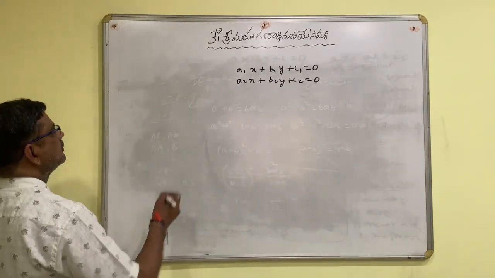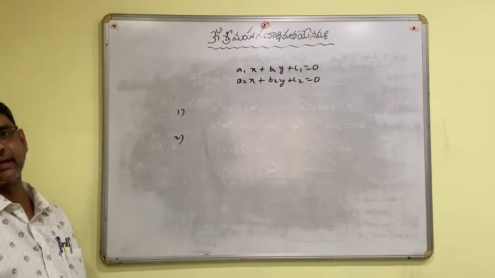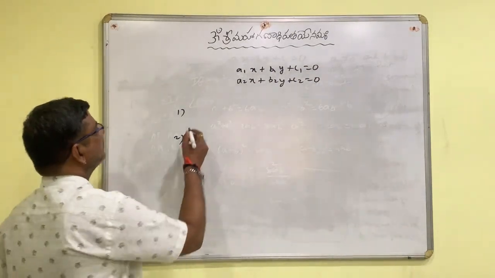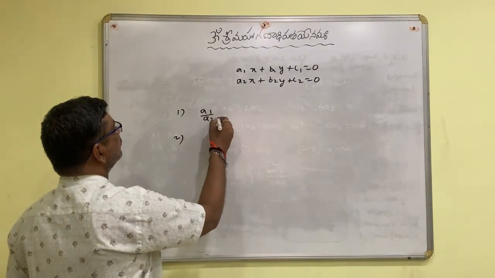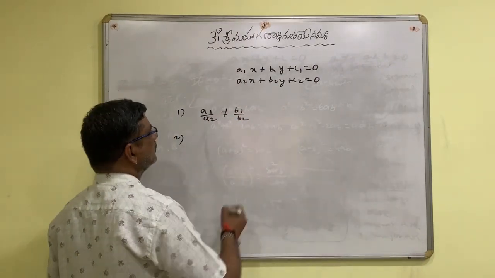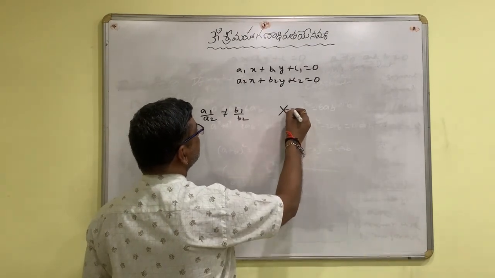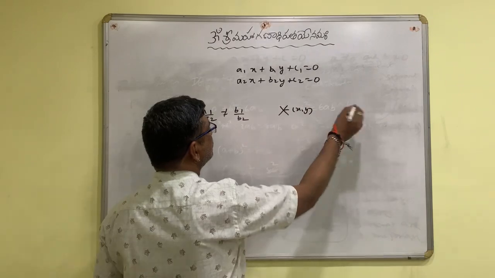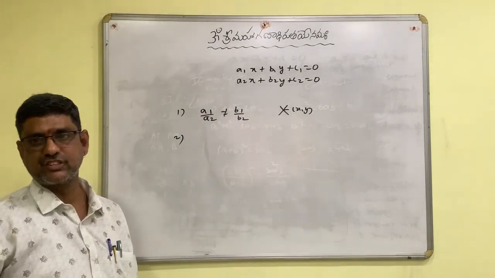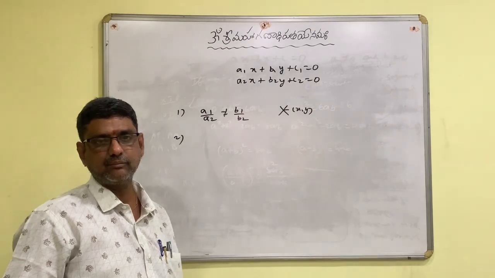So there are conditions for consistency. What is that? If A1 by A2 is not equal to B1 by B2, then the lines are intersecting, meaning they have a common solution. So the pair is consistent.